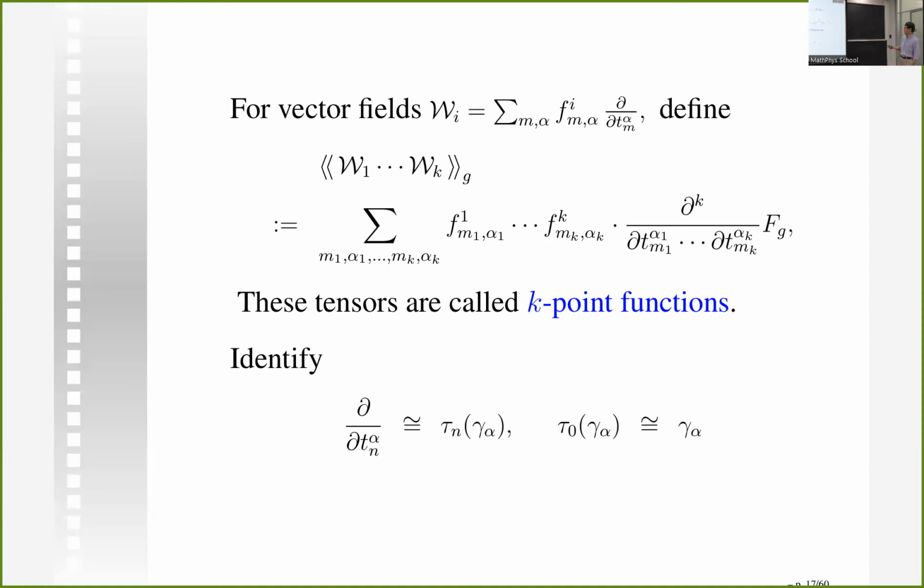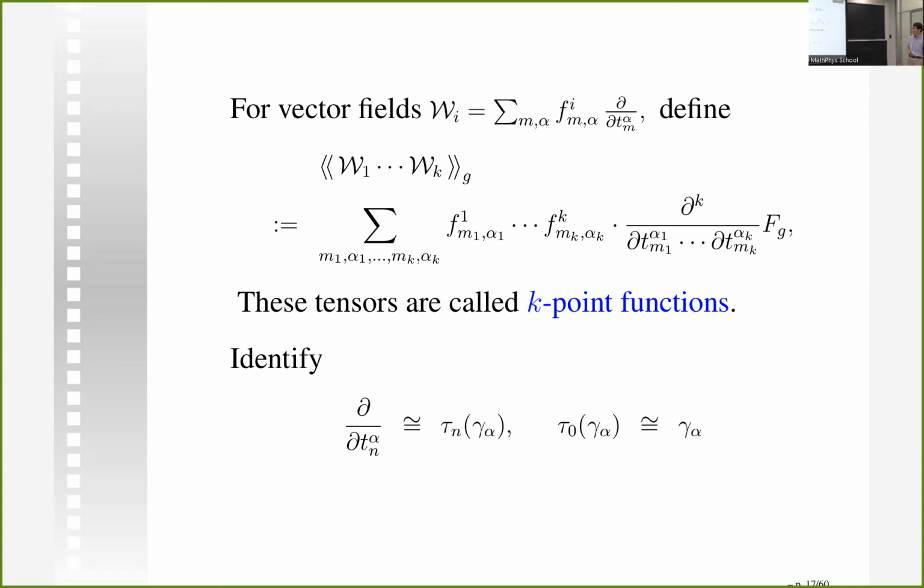If I take vector fields W_i on the big phase space, of course they are linear combinations of the coordinate vector fields with some functions as coefficients. Then the notation W_1 to W_k put inside double brackets just means you take the partial derivatives and multiply by the corresponding functions.